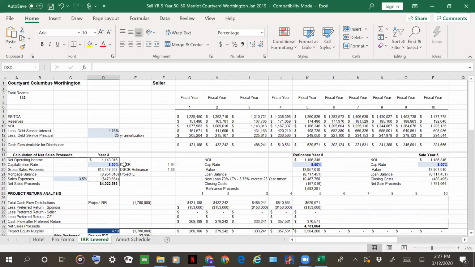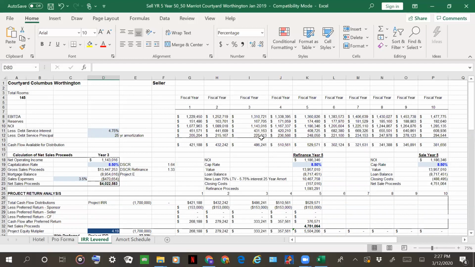Then here I got a little sophisticated. I'm showing you what happens if we refinance. It should be refinanced in year 3. This is a DSCR refinance, if we refinance in year 3, or a sale.